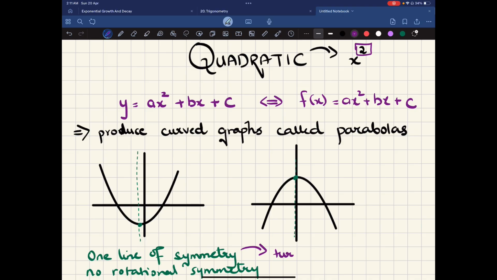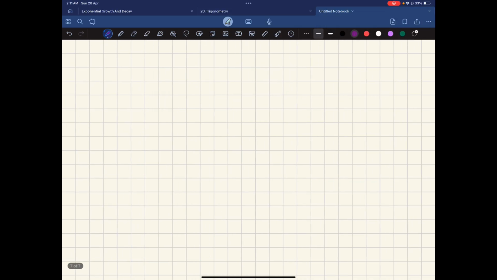So, this is a maximum turning point and this is a minimum turning point. Okay, I hope the key terms are clear.